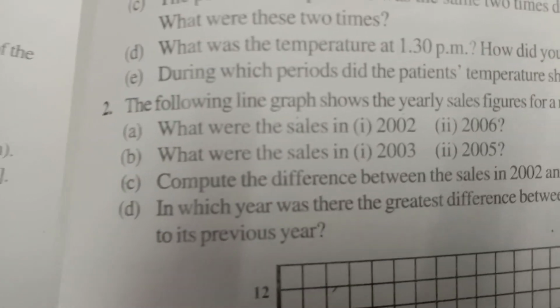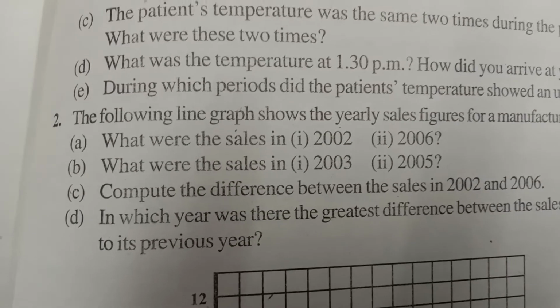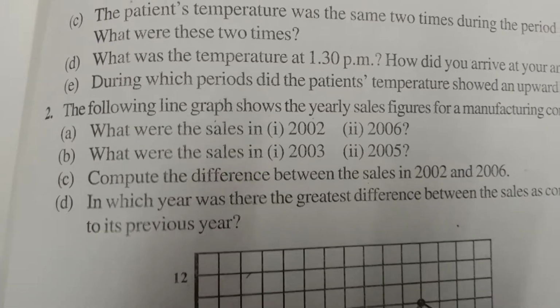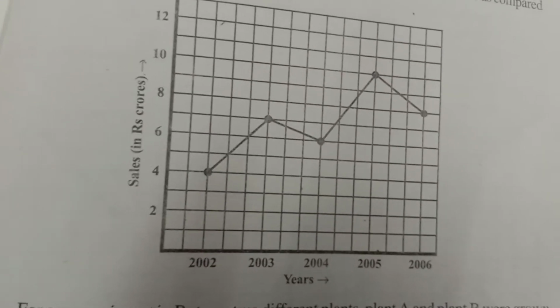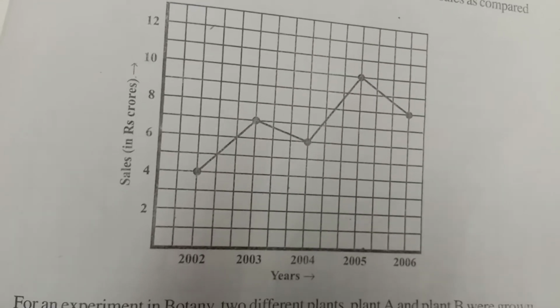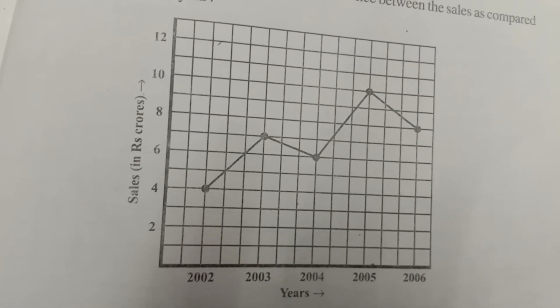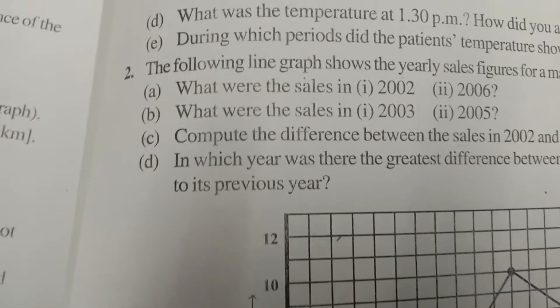Then B bit. What were the sales in the year 2003 and 2005? In 2003 we have 7 crores, in 2005 we have 10 crores. C bit.